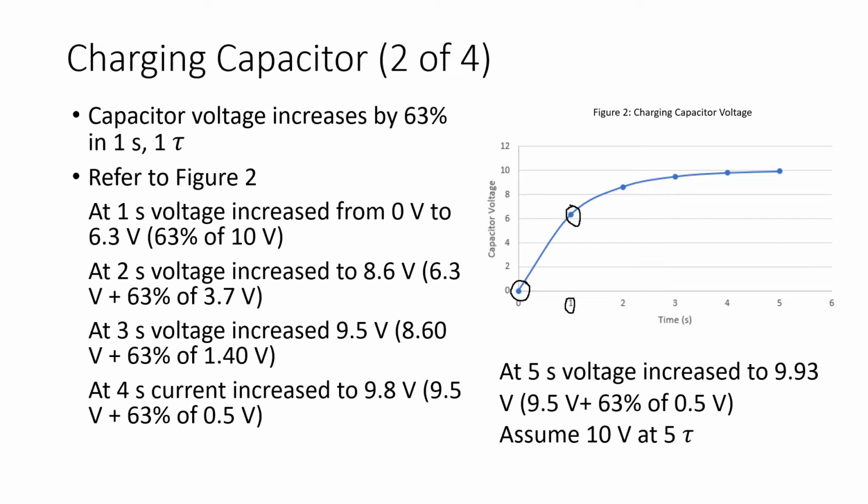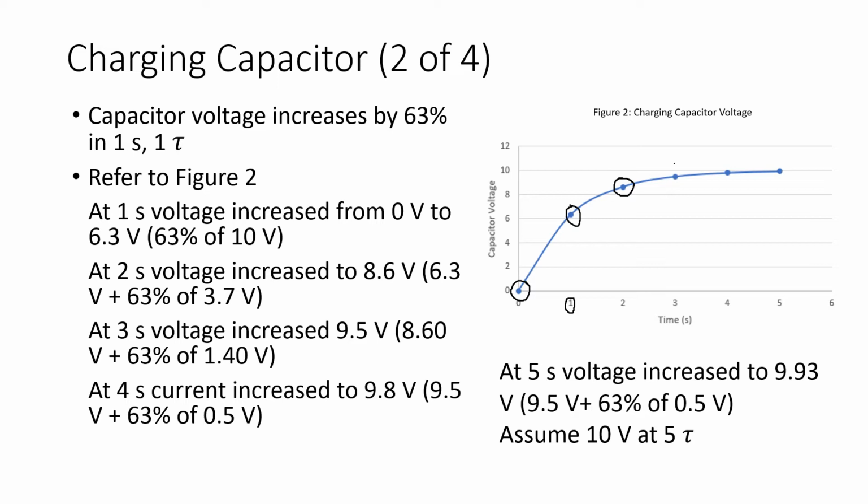At 2 seconds, the capacitor voltage will have increased to 8.6 volts. And this is equal to 6.3 volts plus 63% of 3.7 volts. 3.7 volts is the difference between the maximum voltage and the 6.3 volts that the capacitor starts charging from at 1 second.